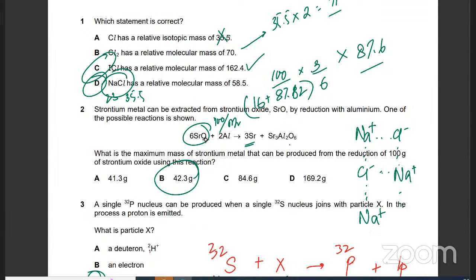For ionic lattices, you use the term formula mass. See, the point is, if I have a Cl2 molecule, a Cl2 molecule only has 2 Cl atoms. So it's easy to know that Cl2 is always Cl2. It's not Cl3, it's not Cl4.